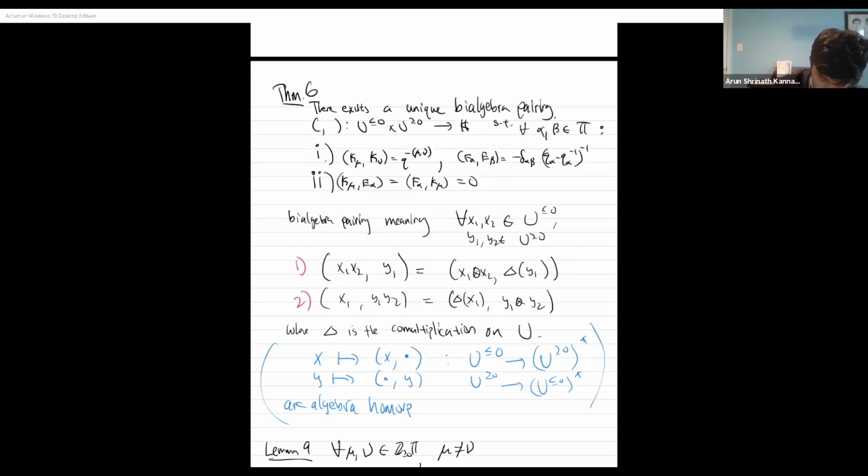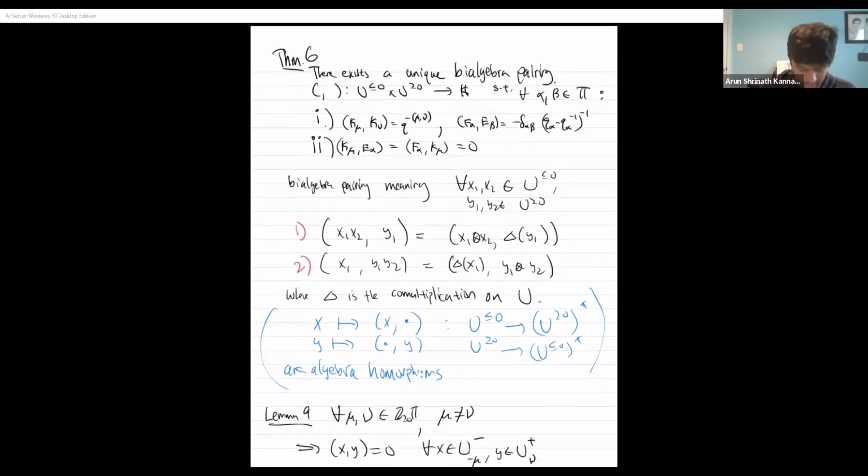Where the algebra structure on the dual space is the canonical one that arises. And then we finally had this nice lemma here, which was that if the degree doesn't match on the left hand side and the right hand side, then the pairing is 0. Okay, so that's where we finished.